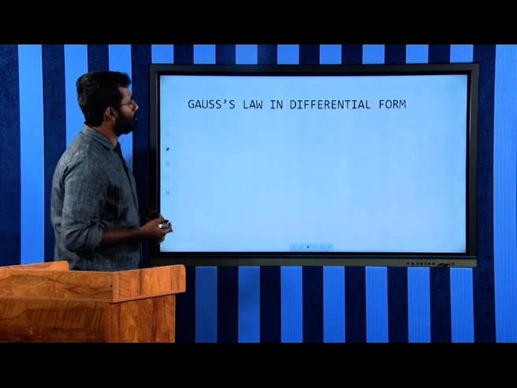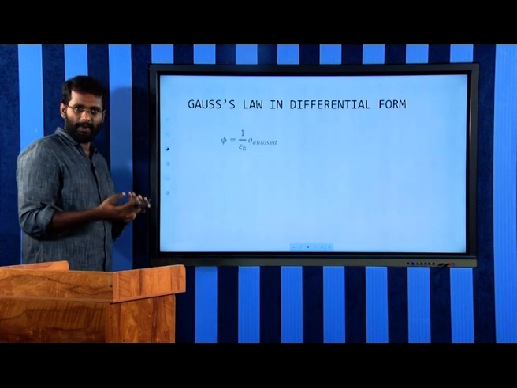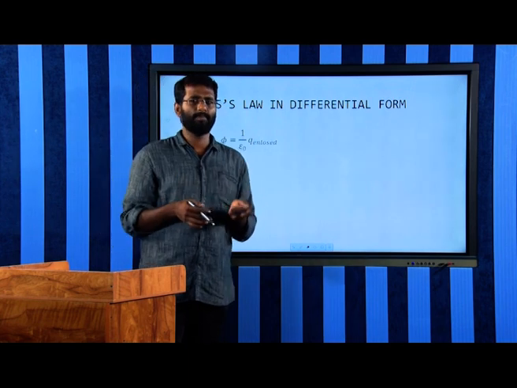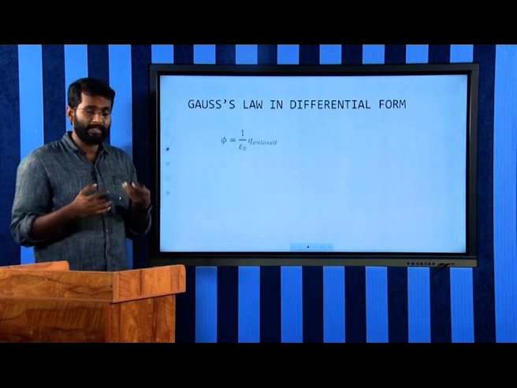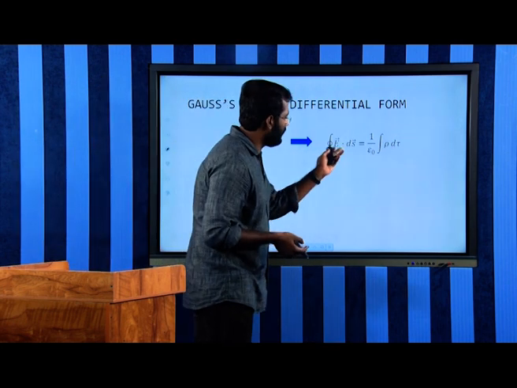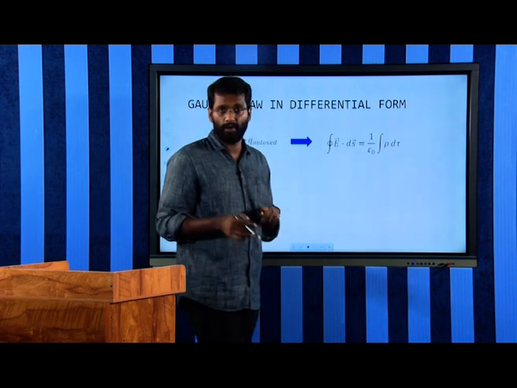So, let us go to Gauss's law in the differential form. We already learned that phi is equal to 1 by epsilon 0 times q enclosed. This is the simplest form of Gauss's law, and we have converted it into the integral form: integral E dot ds is equal to 1 by epsilon 0 times integral rho d tau.